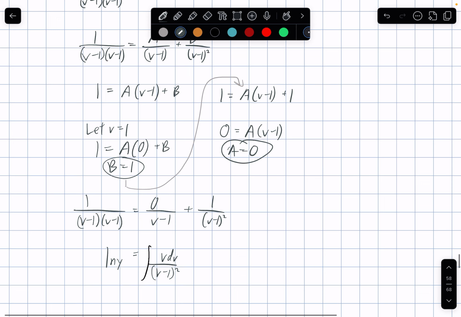This is actually driving me crazy. Perhaps, let's say A is equal to 1. Because something tells me that this is technically valid.